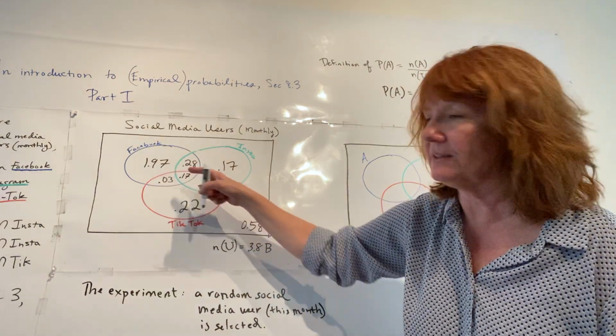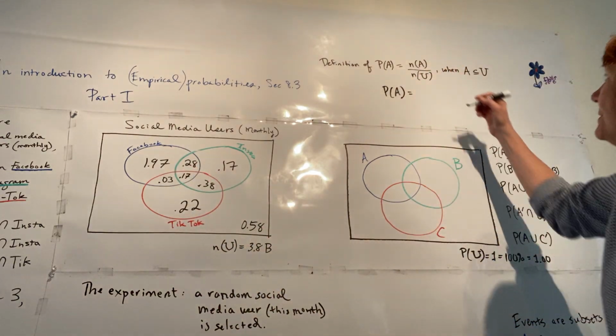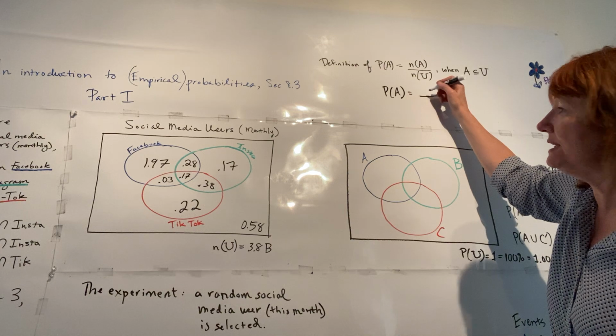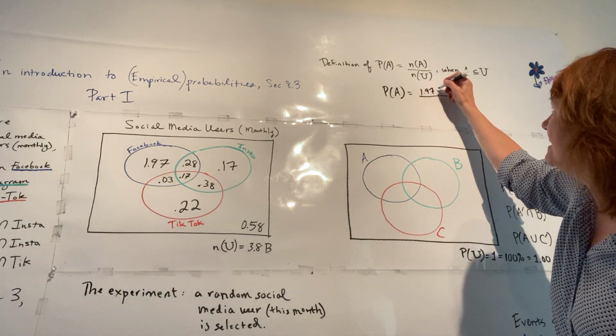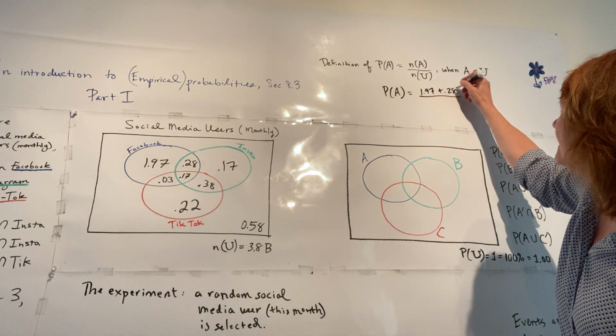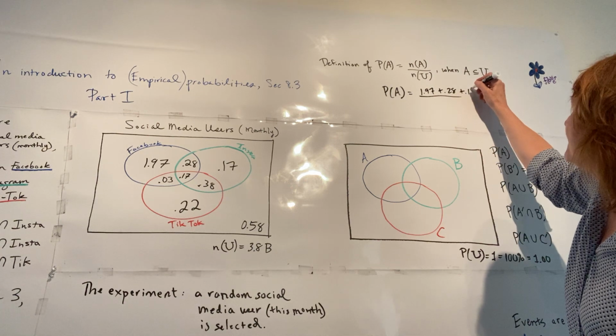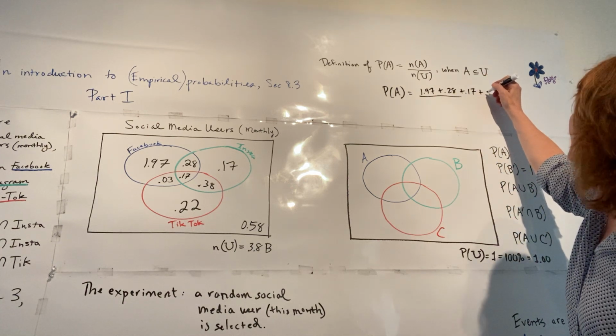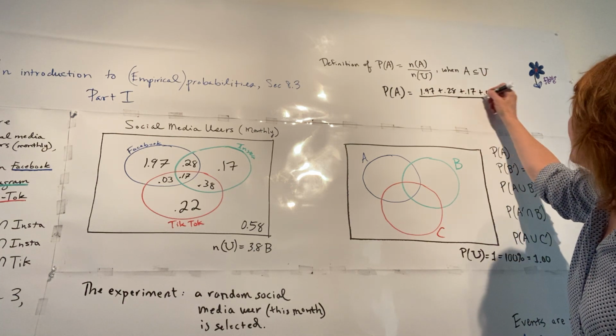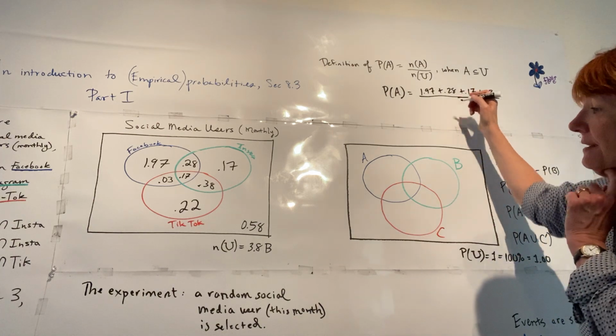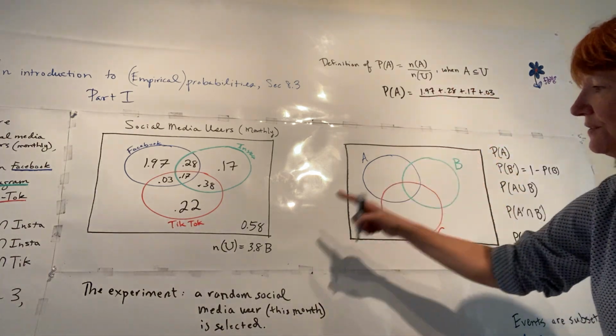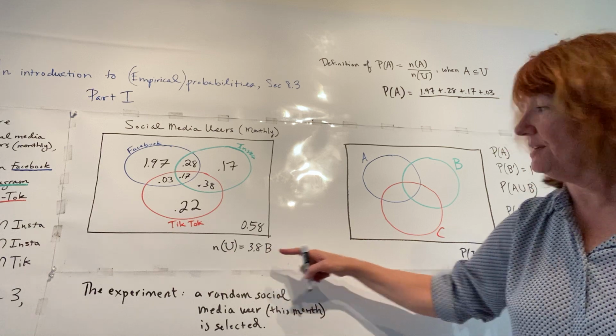All those belong to that. So we would find this probability by taking 1.97 plus 0.28 plus 0.17 plus 0.03, and dividing it by the cardinality of the universal set, which here is 3.8.